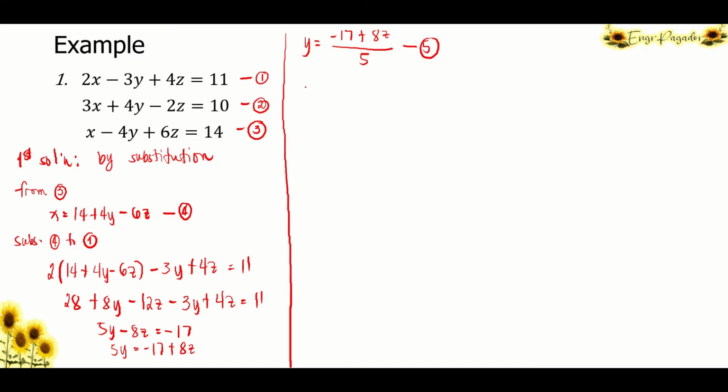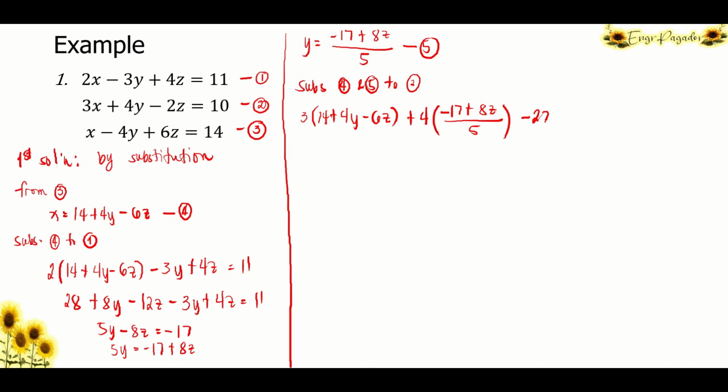Okay? So, from there, let us substitute equation 4 and 5 to equation number 2. Okay? So, sa equation 2 natin is this one, 3 multiplied by si equation number 4x, that is 14 plus 4y minus 6z plus 4, tapos gamitin natin si equation number 5 here, that is negative 17 plus 8z over 5, and then minus 2z is equal to 10.